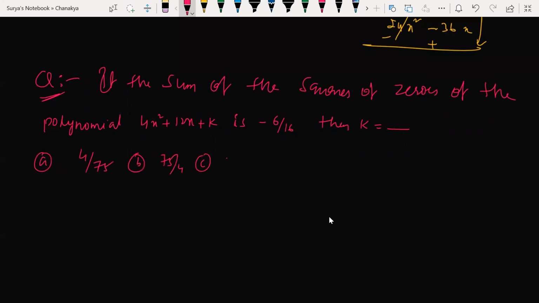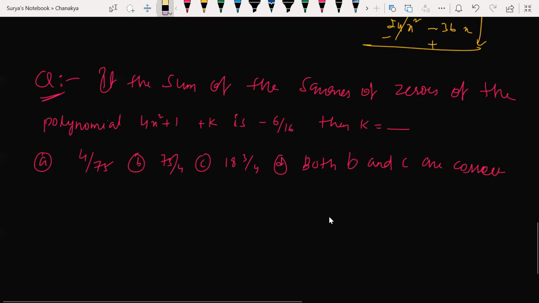So what is it? Minus 6/16, sir. 6/16. Yes. So in the polynomial, that's 12x, right? Yes, it is 12x, beta.